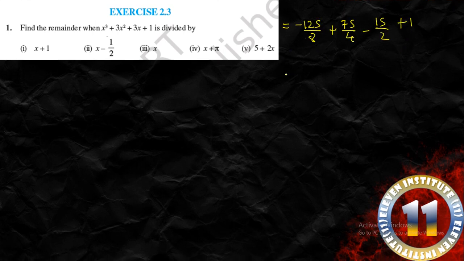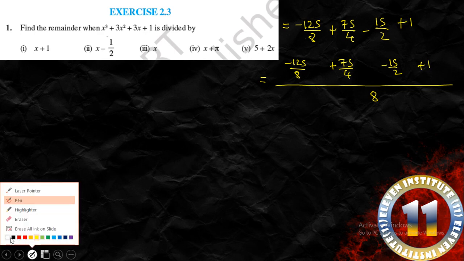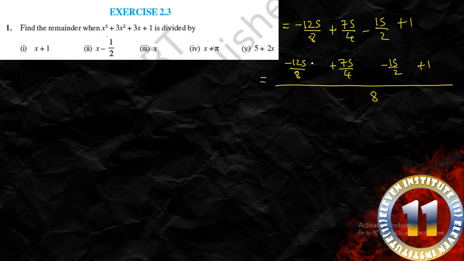Now 8 is the LCM over here. So what we have to do is draw this line, write 8 over here, write all these numbers as it is, minus 125 upon 8 plus 75 upon 4 minus 15 upon 2 plus 1, and now multiply each and every term by 8. So this will be multiplied by 8, this and all other terms.